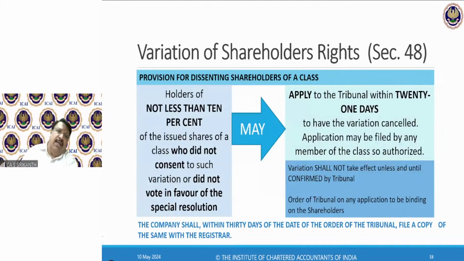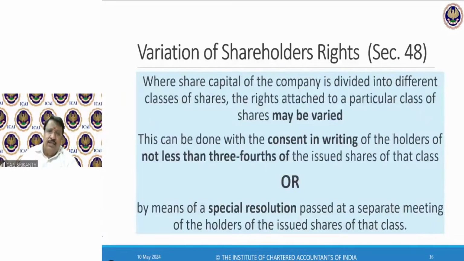In case there are dissenting shareholders, for example, you passed a special resolution. Let us say that totally there are 100 people. You called for a meeting, 50 came. Out of that 50, say 10 did not agree, remaining 40 agreed. So you passed a special resolution, you went away. In spite of that, another 50 group is there who have not come.